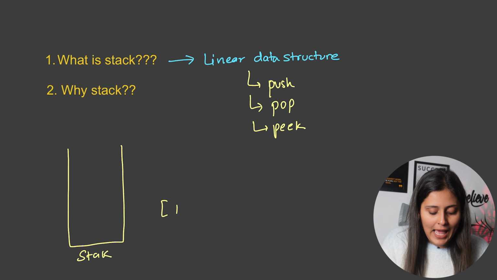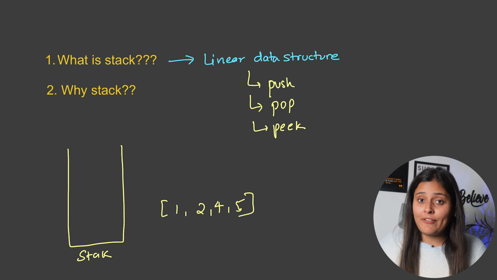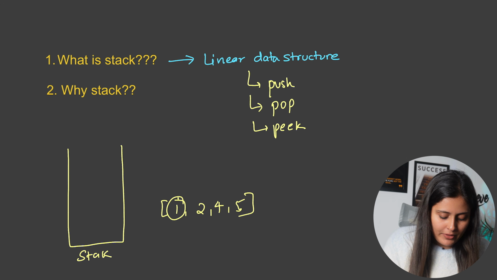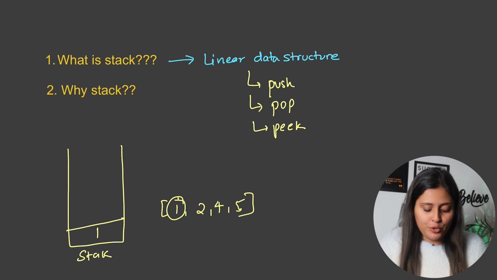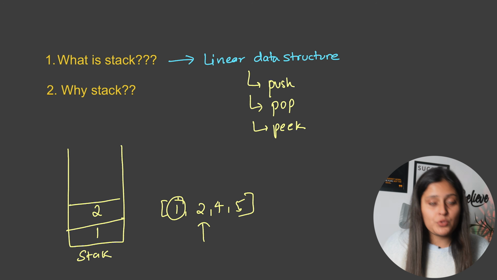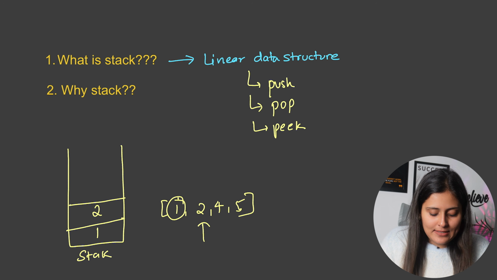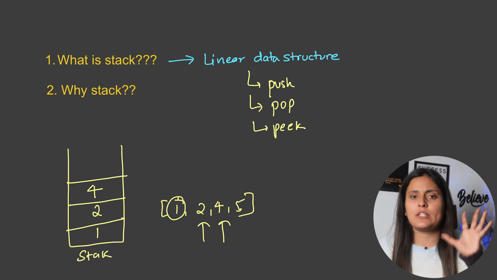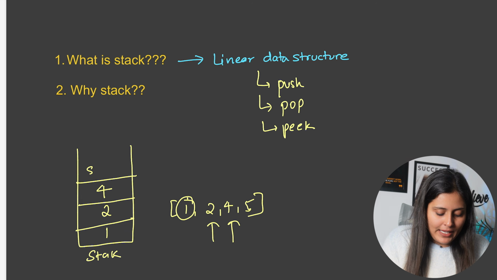And suppose in array you have elements like 1, 2, 4, 5. So in stack, when you push elements, first you will push 1 and bring 1 inside the stack. Now you will push 2 and append the 2 element on the top of the stack. Next time you will add 4, and again you are adding this 4 on the top of the stack. Similarly you will add 5 as well.